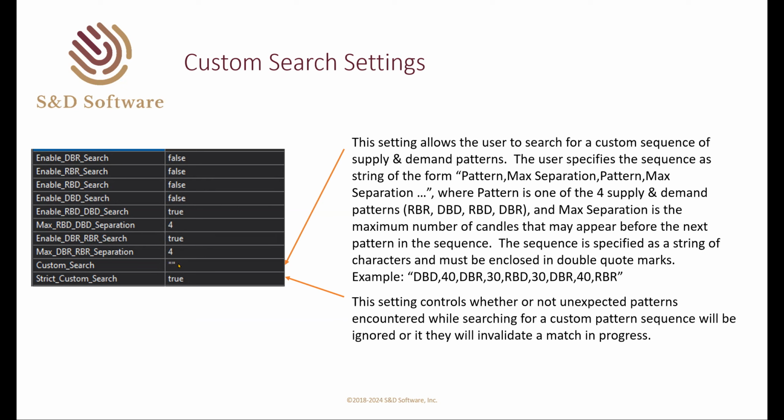So as you can see in the example here, we have the drop-based drop, we have a comma, we have 40 and a comma, and then we have our next pattern. So the initial pattern in the sequence is going to be a drop-based drop. The next pattern in the sequence is a drop-based rally, and we can't have more than 40 candles between them.